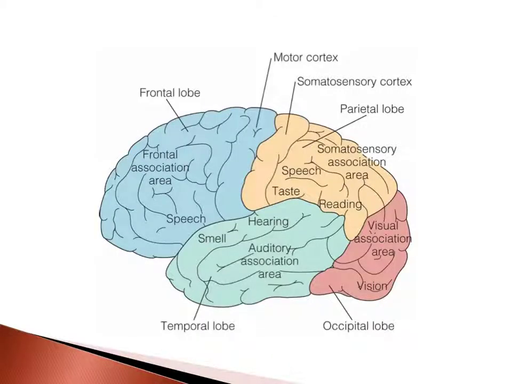I do love this picture from your textbook. I'm a more visual, hands-on kind of person, so I like one that is color coordinated in different colors and that is labeled. So this is just another way of learning where the lobes are and then some of the things that are affected based on the lobe.